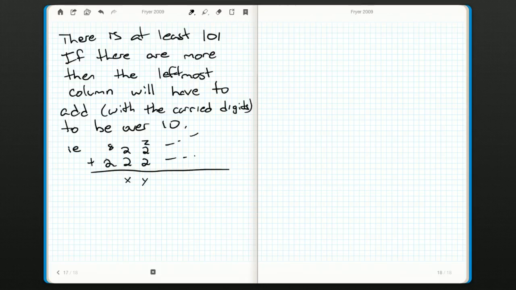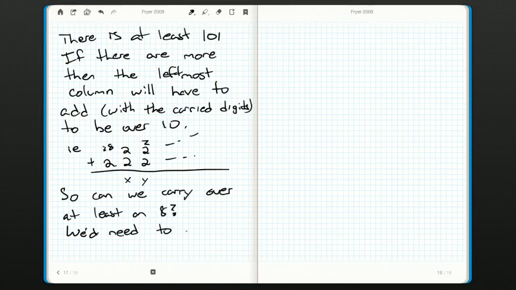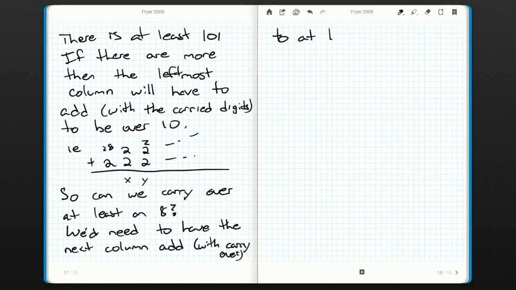We need to carry over at least an 8. 8 or more. So we need to get it up to add up to at least 80.